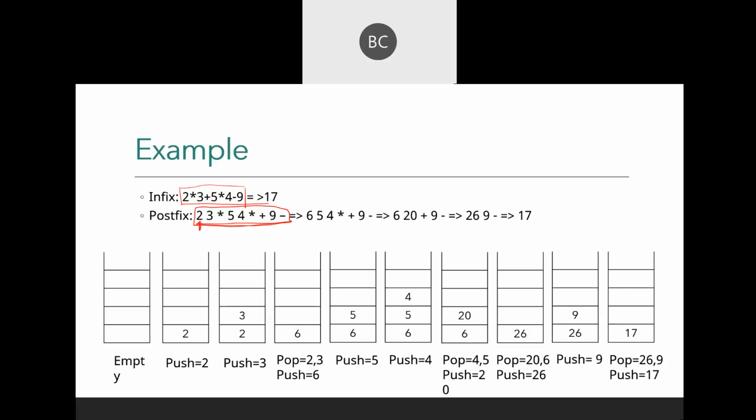So first, what is the operand? 2 is a number. It's an operand. So it will push the number into the stack first. Okay, done. Next is 3. It's again an operand, so it will push it to the stack.